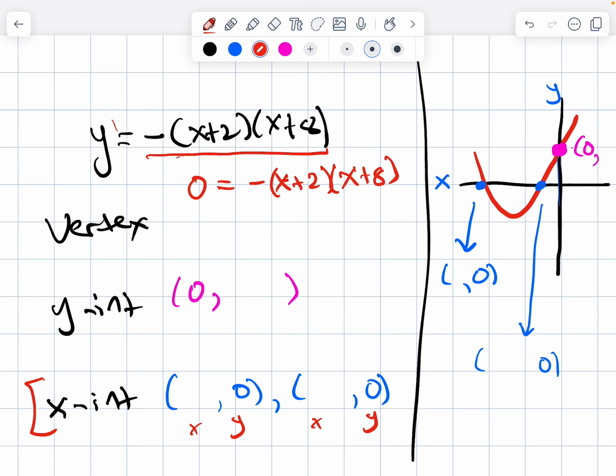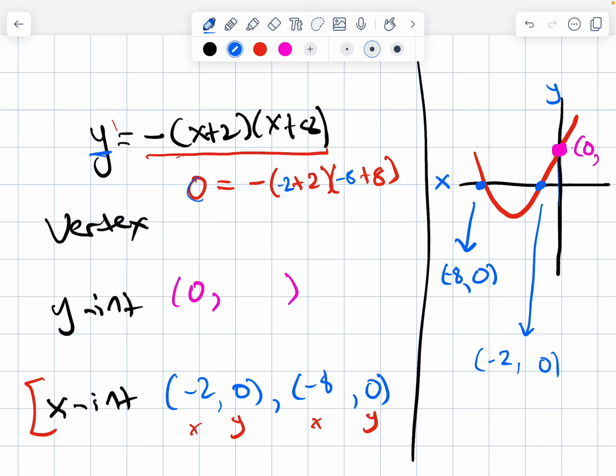I'm looking for something that I can replace this letter x with and this letter x with to get a 0. Now what number could I write in there? I can write in a negative 2 to make a 0. So when I replace the x value with negative 2, the y value is 0. And when I replace the x value with negative 8, that's another way of making the y value 0. So my points here are negative 8 and negative 2. So those are my two intercepts.